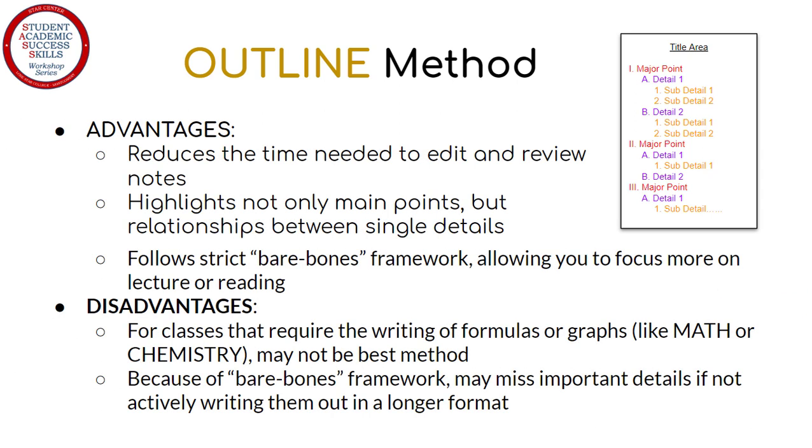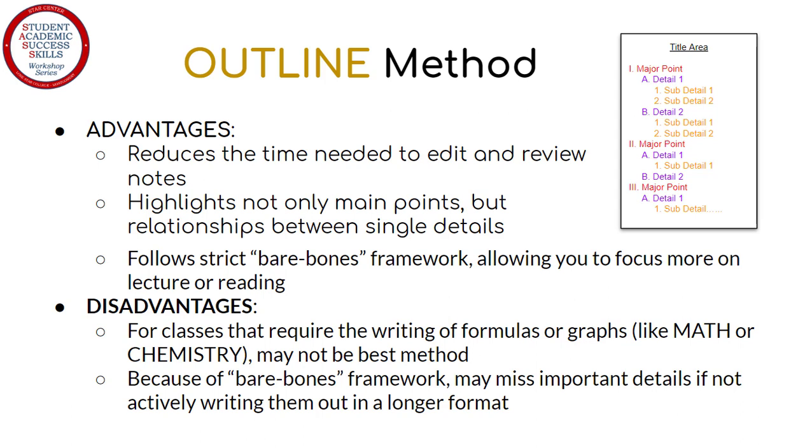Some advantages and disadvantages to the outline method. One advantage is that it reduces the time needed to edit and review your notes when you're done writing out your notes. After all, there's no additional steps to the outline method upon completion, like there is in other methods that we'll be discussing later in this series.